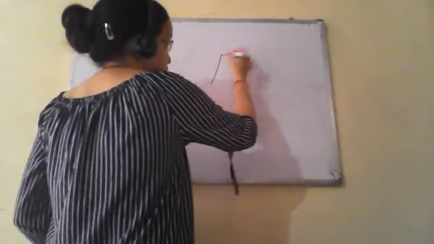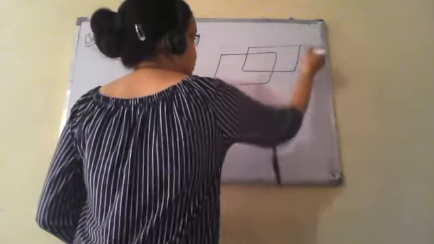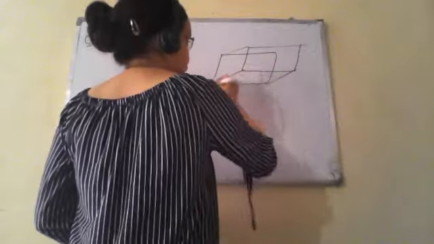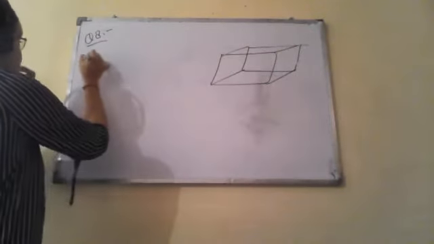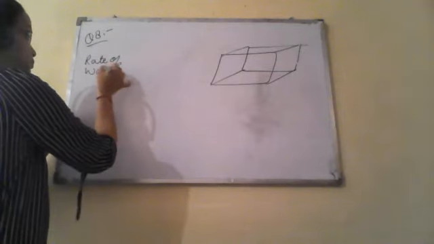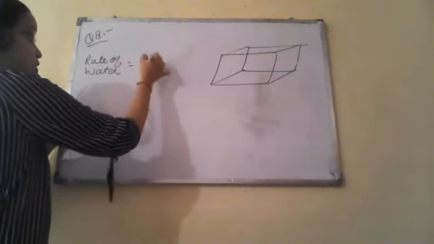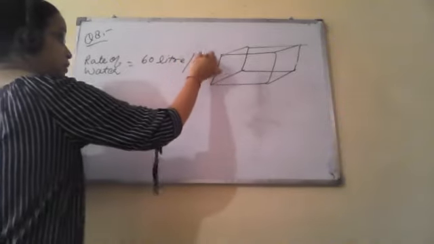Water is pouring into a cubical reservoir at the rate of 60 liters per minute. So there is a cuboidal reservoir. This is a reservoir and water is pouring into it at the rate of 60 liter per minute.